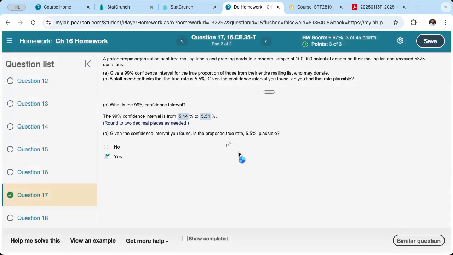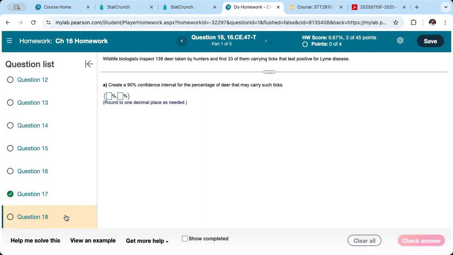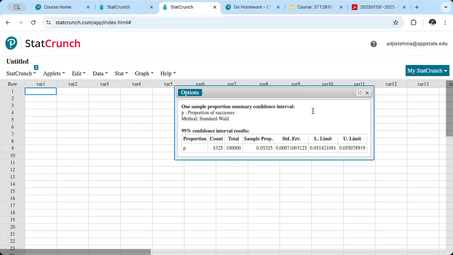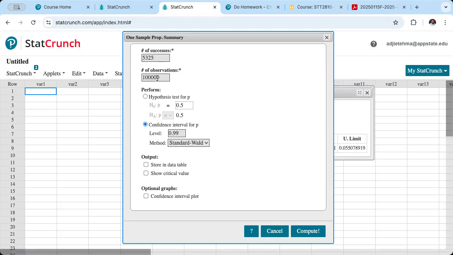Okay. Now let's move to question 18. Before we do question 18, let's say that you get confused. Let's come to edit, and then maybe you try to switch this.